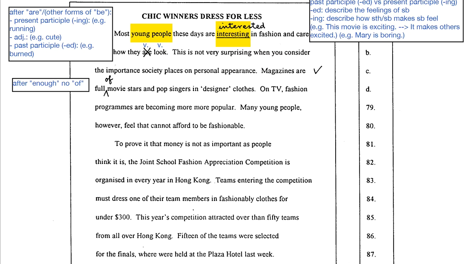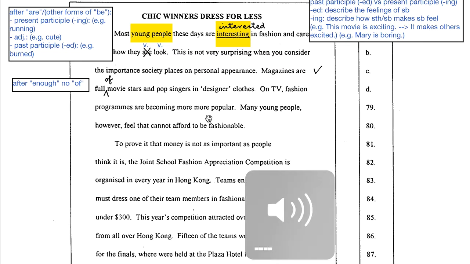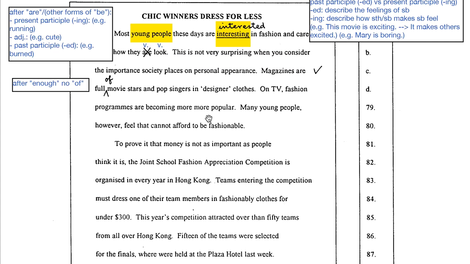79. On TV, fashion programs are becoming more popular. Now, I understand what they are trying to do here. They want to say 更加流行, right? But you cannot say more popular. You can do several modifications.